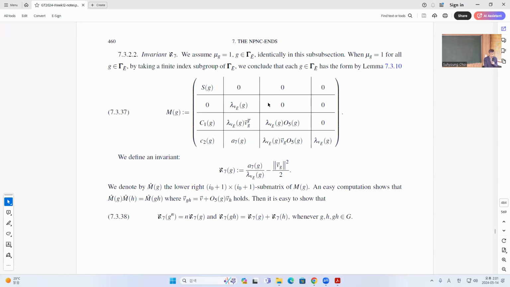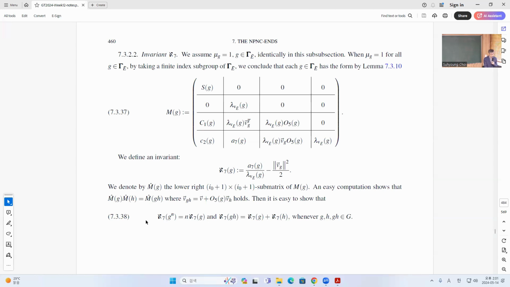So when mu_g is 0, then you divide A7 by the lambda v_e, and then you remove this value. So this is the sort of how far it's different from this cusp group. Okay, because here in the cusp group it has to be just lambda v_e times this. So you're just looking at how different they are from that.